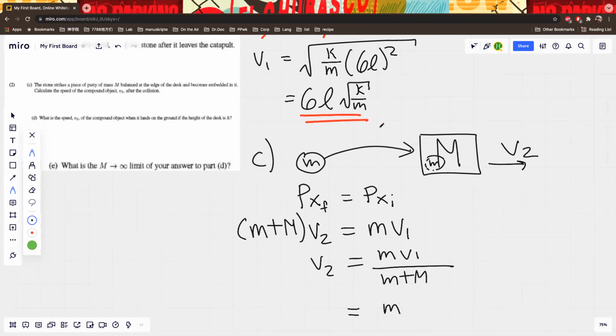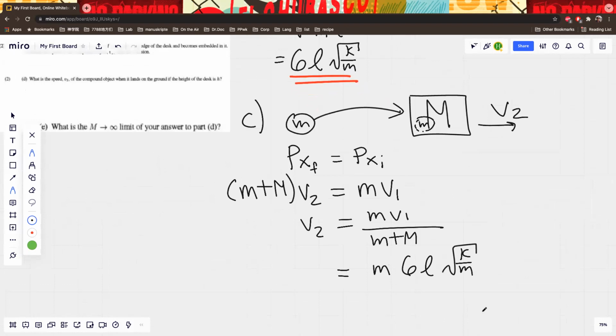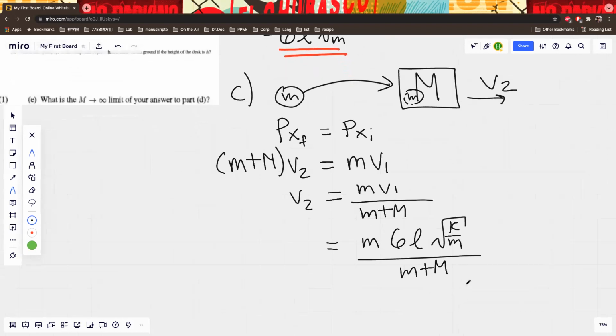So 6L square root of K over M, all divided by m plus capital M. Six mL square root of K over M, over m plus capital M. Anything we can do to simplify this?